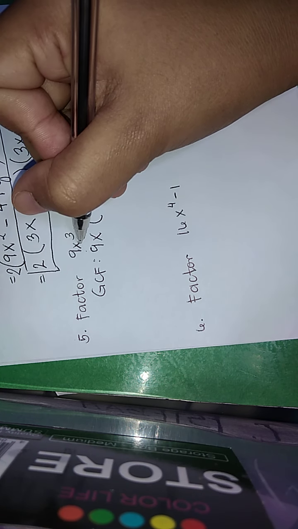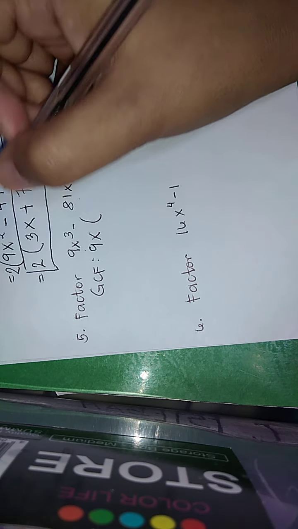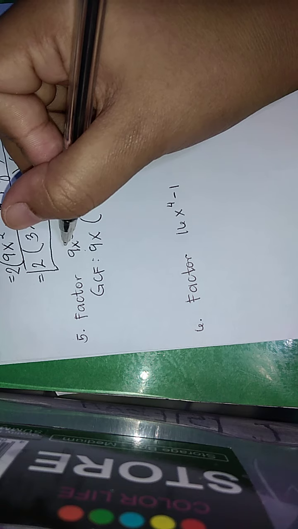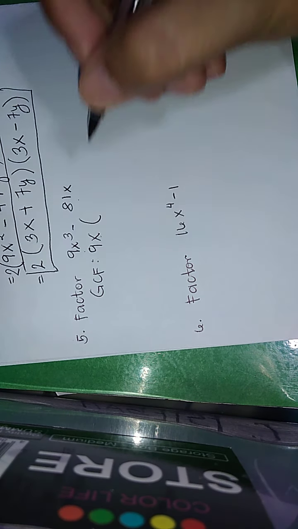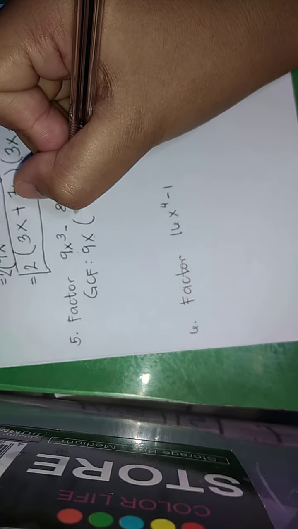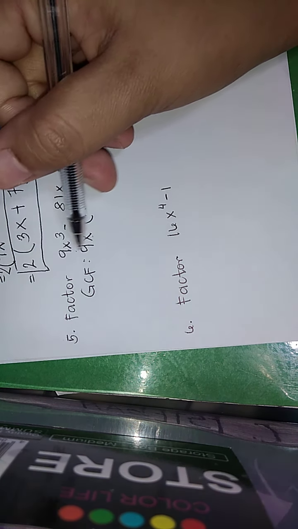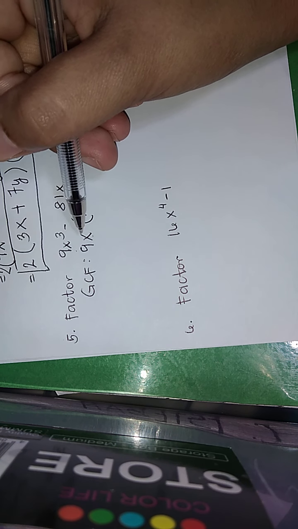So, divide natin ang ating bawat term sa ating GCF para makuha natin other factor. So 9x cubed divided by 9x is x squared. Kasi 9 divided by 9 is 1. So x cubed divided by x, subtract the exponent.